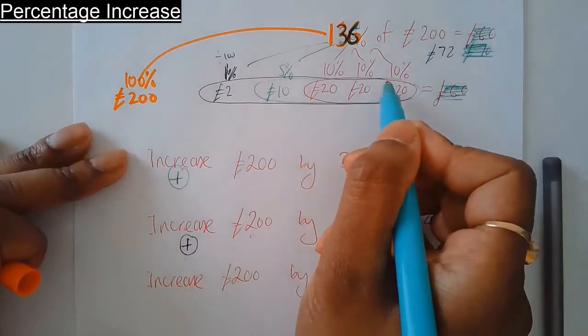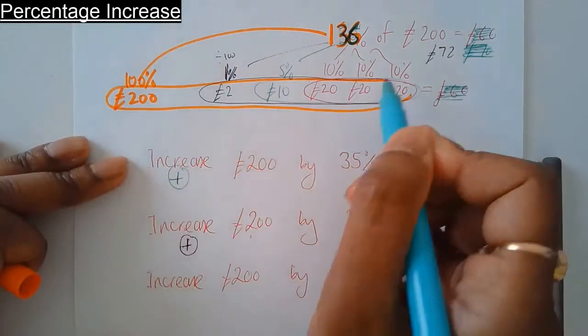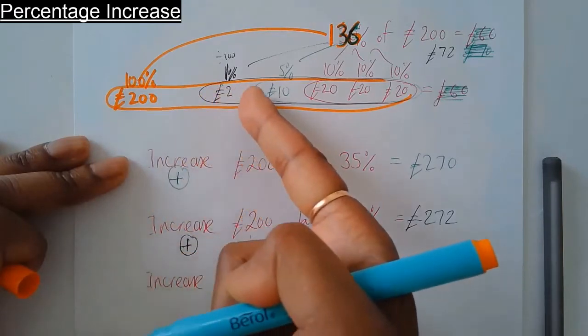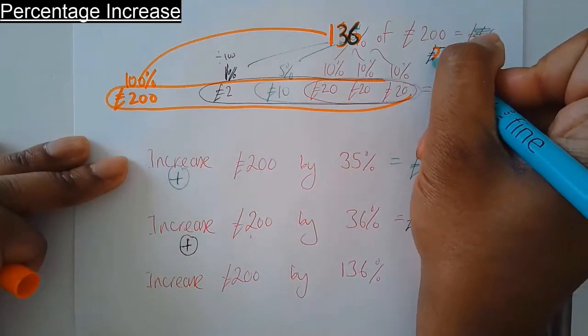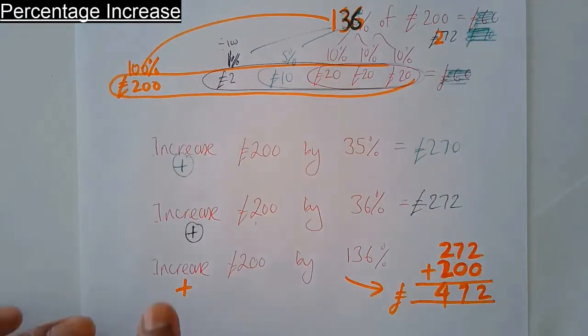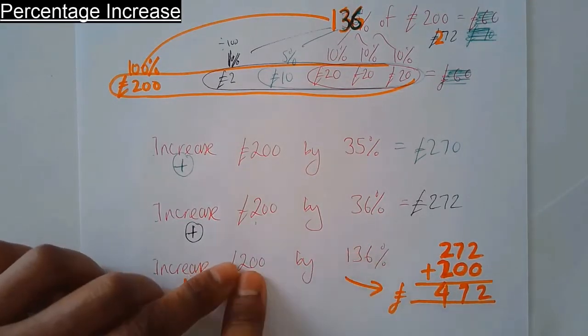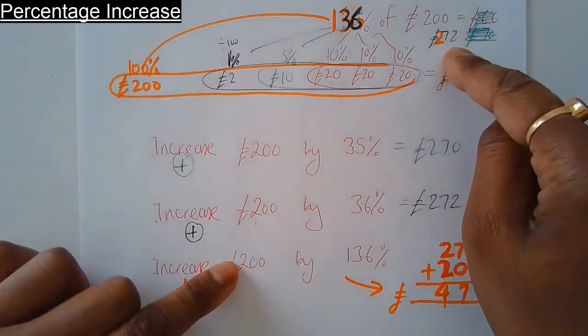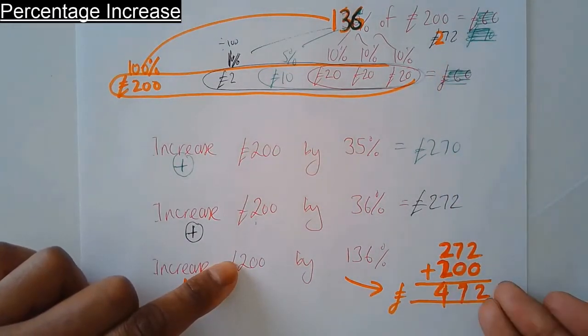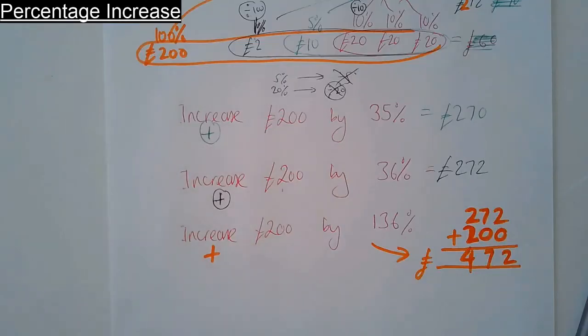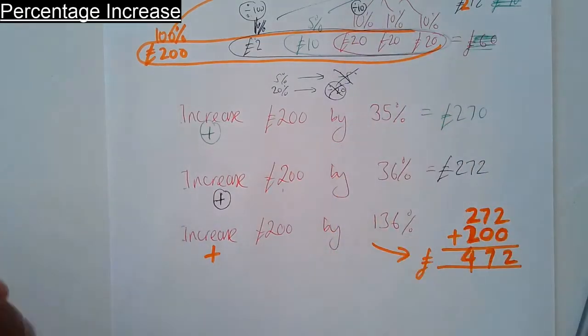So what does that make now? That'll be £272. Increase £200 by 136%. You've got to do 200, add the 272. £472.